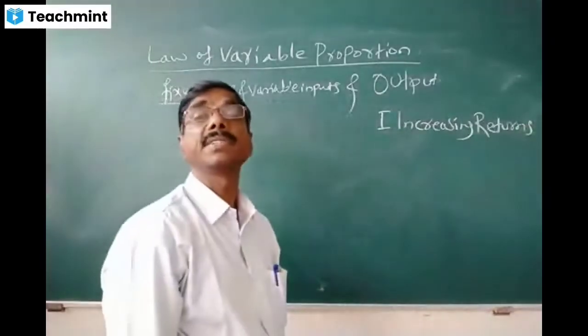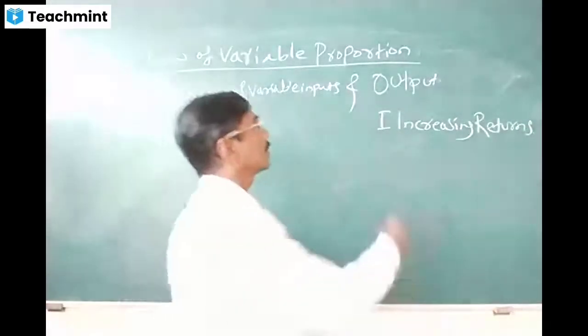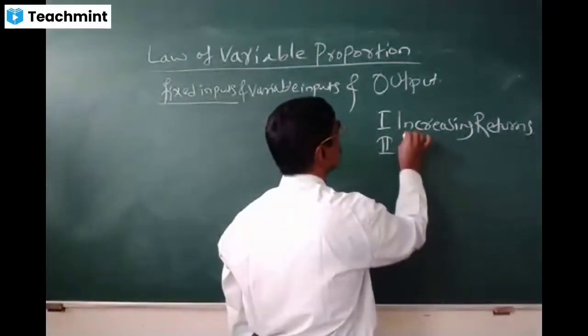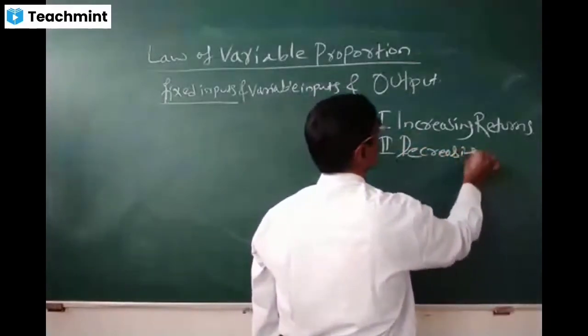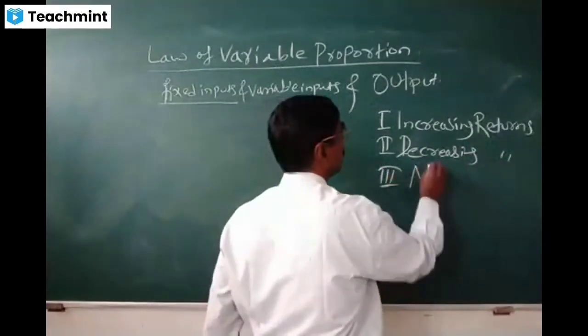Second is decreasing returns. And third is negative returns.